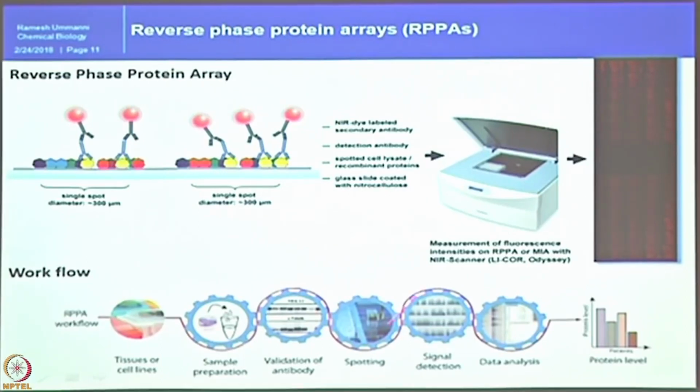Then spotting pattern, spotting methods, signal detection methods, how different methods are advantageous over one another for detection, and finally data analysis and what kind of data we see, and I will show 1 or 2 examples of how we generated the data and how they are useful in the literature.